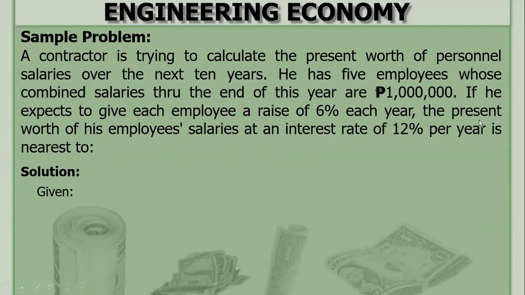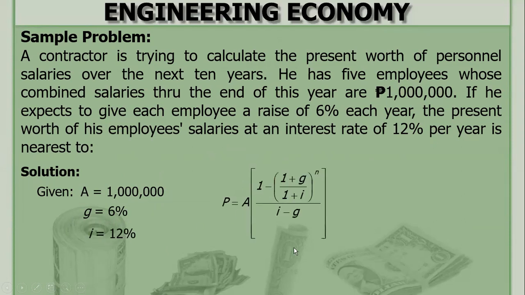So, let's plot the values in the cash flow diagram. Given A is 1 million, the rate of change is 6%, and I is 12%.